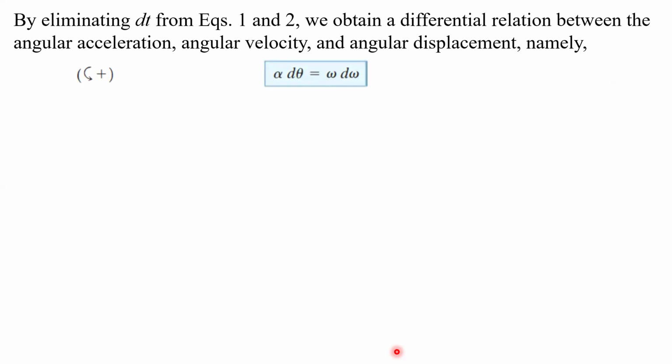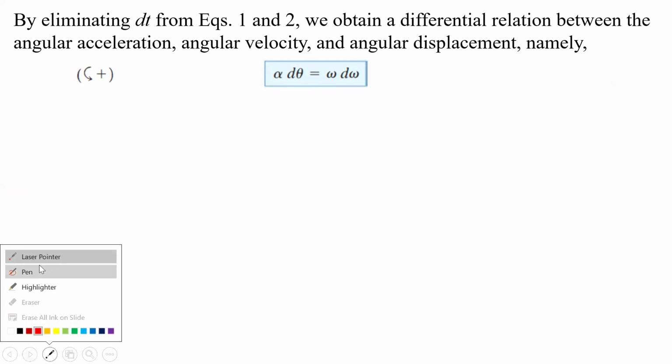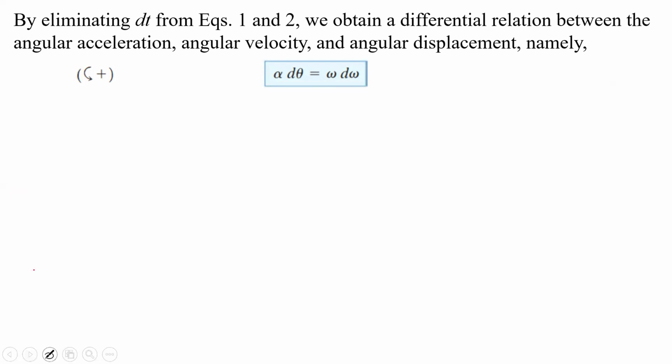We know that angular velocity omega is dθ/dt, and we know that alpha is equal to dω/dt.